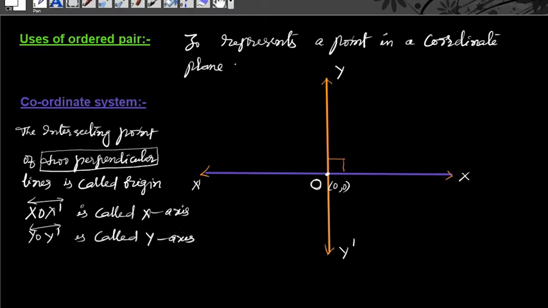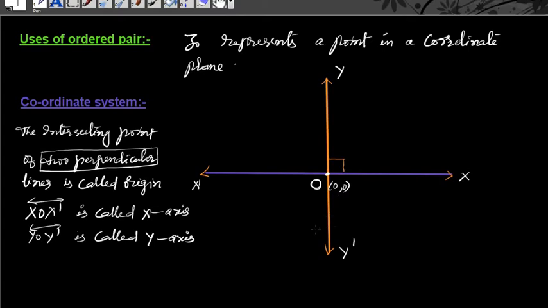The line names are x dash and y dash. So x dash is called the x axis and y dash is called the y axis. They are perpendicular to each other and they meet at a point O, which is called the origin. So simply, the origin is defined as the intersecting point of the coordinate axes.